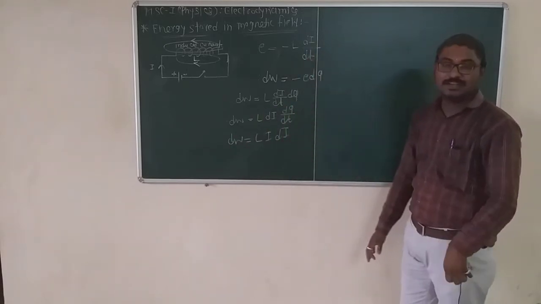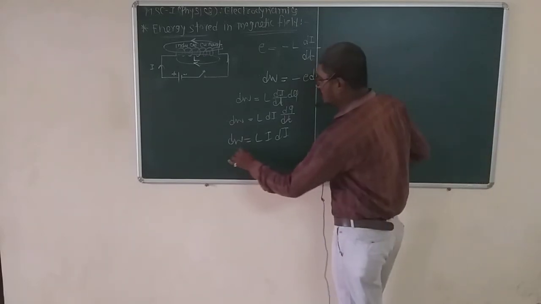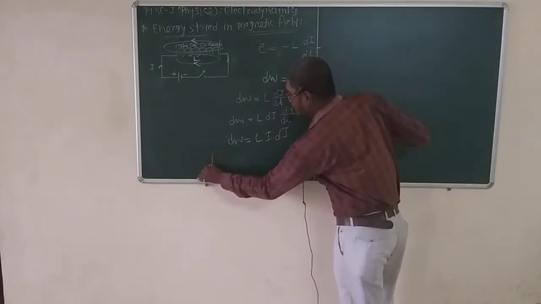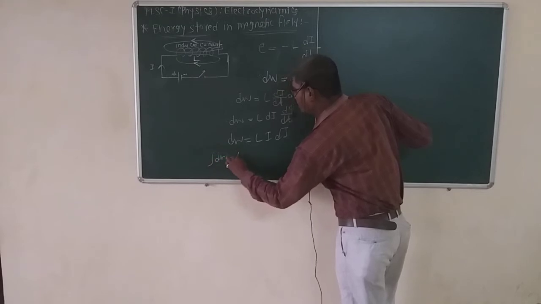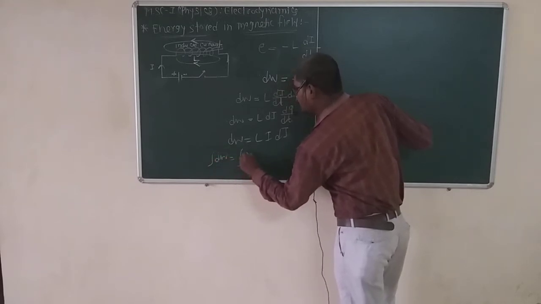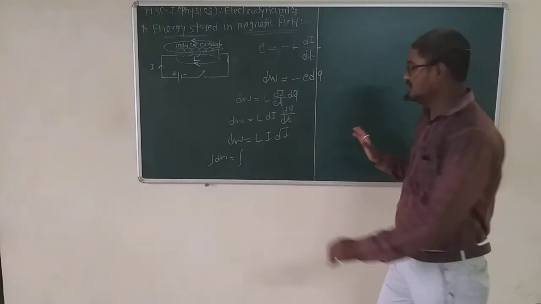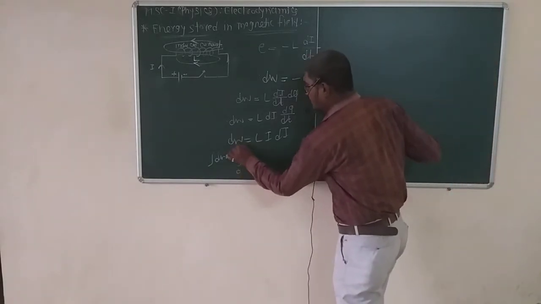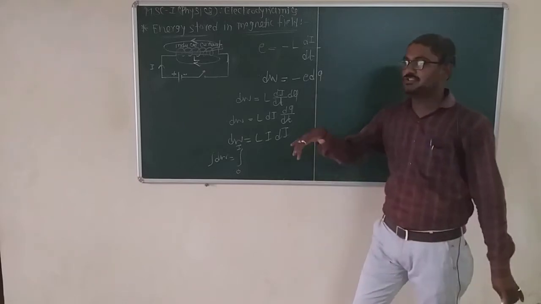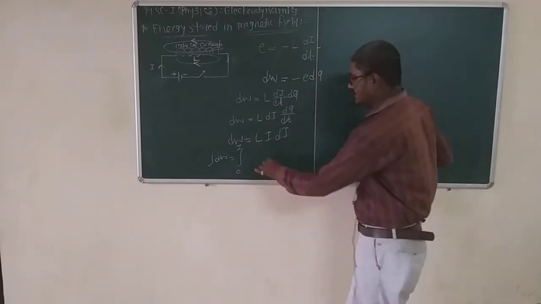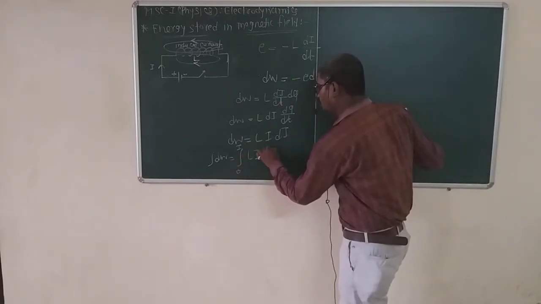But we calculate the total work done. We calculate the total work done by integrating dW. Limits are 0 to I, because firstly current will be 0, and when the switch is on, current will increase, and this is L i into di.